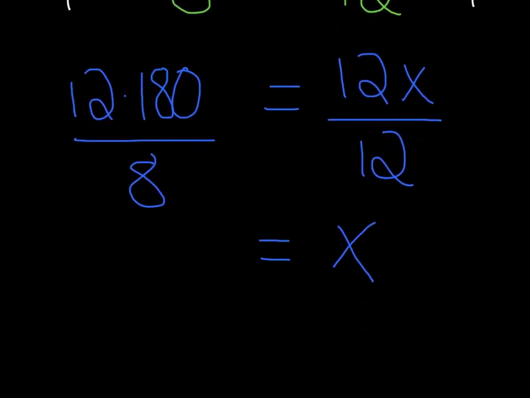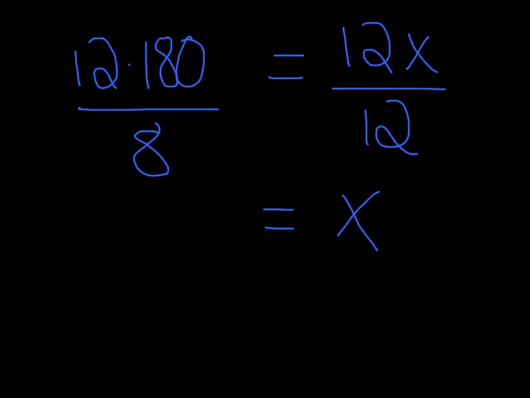And then I would just go ahead and quickly simplify this information over here. Here we have 12 times 180 divided by 8. When I perform these operations, I can simplify the right side of the equation to read as 270. So I have successfully isolated my variable and solved for my unknown. And I did this by setting up a proportion based off of the information provided in the word problem.